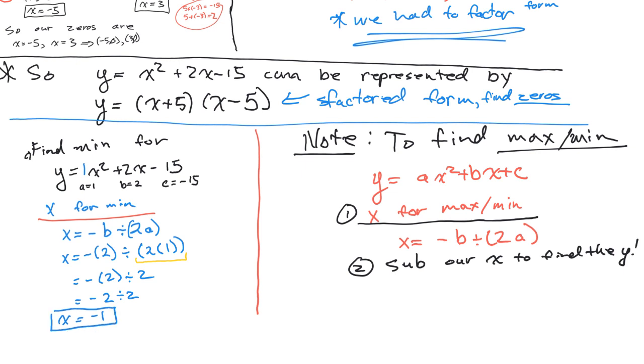So the first thing is done. So the x value for our minimum is negative 1. So that's what we did for step 1.